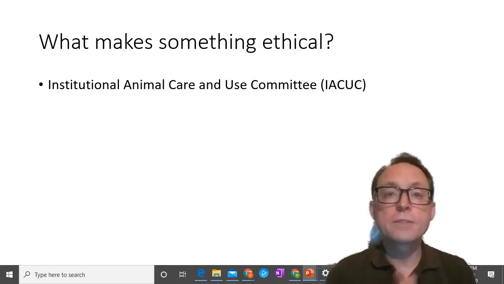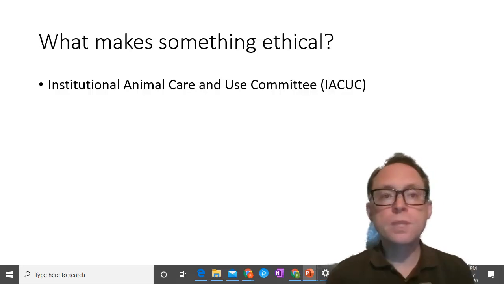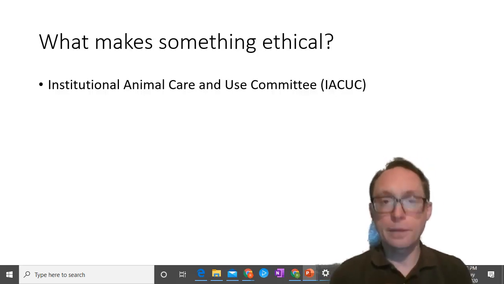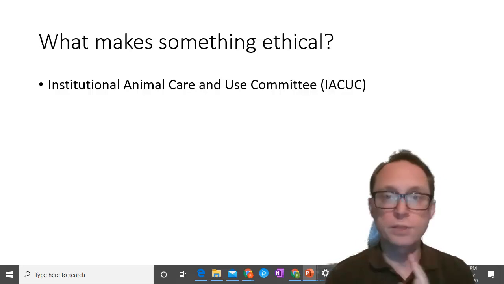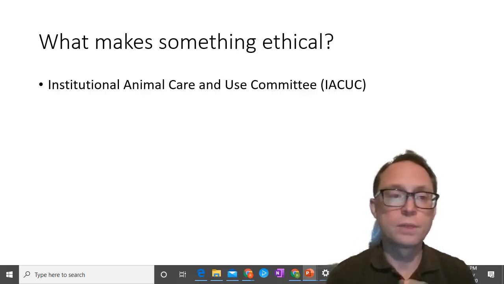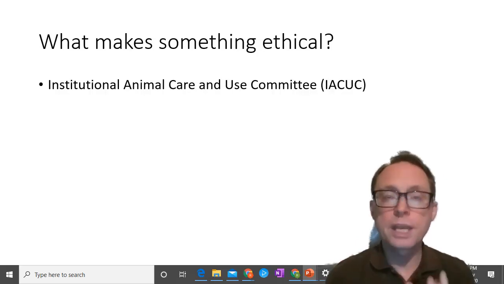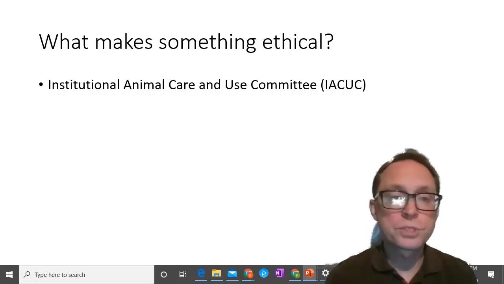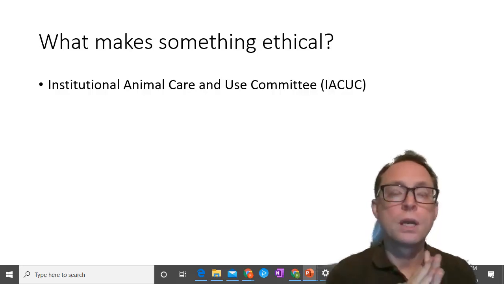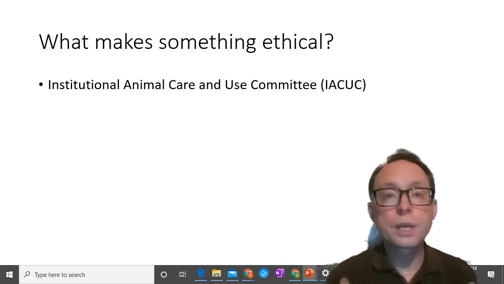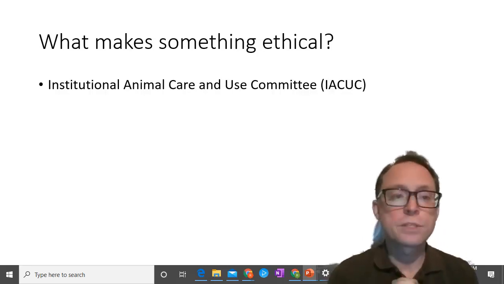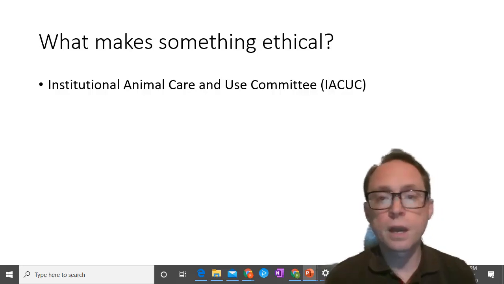They look at several different factors in terms of what makes it ethical. And there are very specific things that you've got to go through in terms of how you're going to house the animals, what you might use to sedate an animal if you needed to, what you might use to euthanize an animal once you're done with the research, etc. So all of these things are considered by the IACUC.